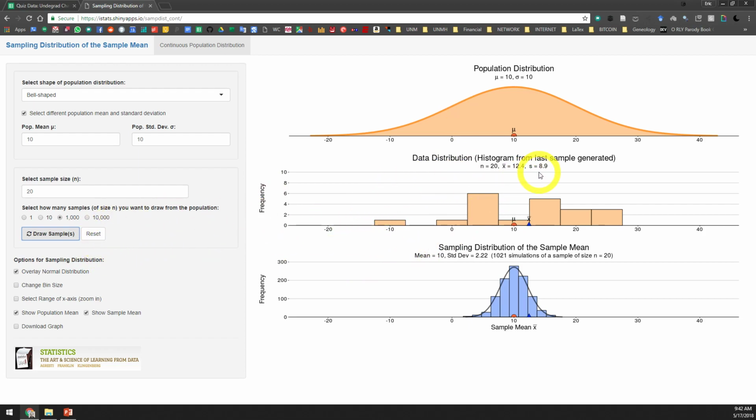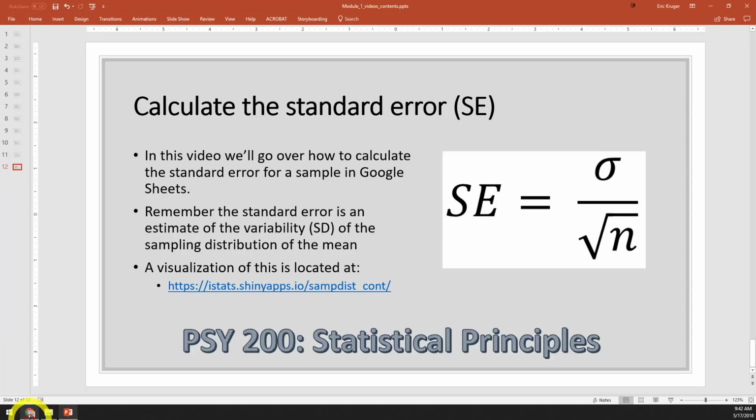So in this case, if we were to calculate the standard error, we would use 8.9 and an n of 20. And let's go over here into Google Sheets.